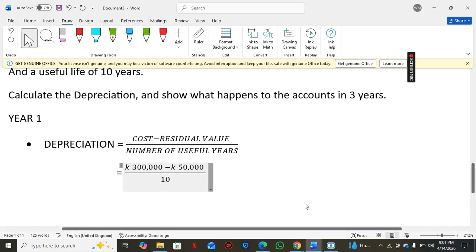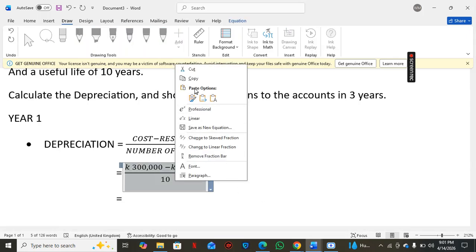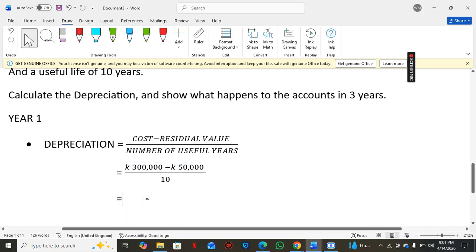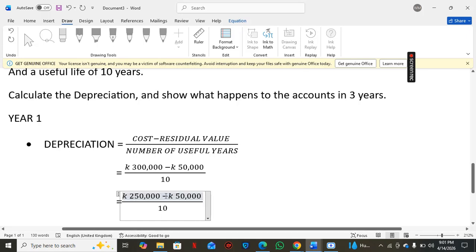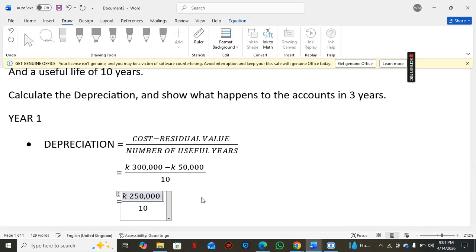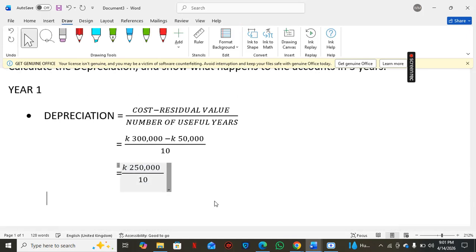So 300,000 minus 50,000, that's 250,000. 250,000 divided by 10, that is 25,000. So this is the depreciation expense that will be incurred every year.